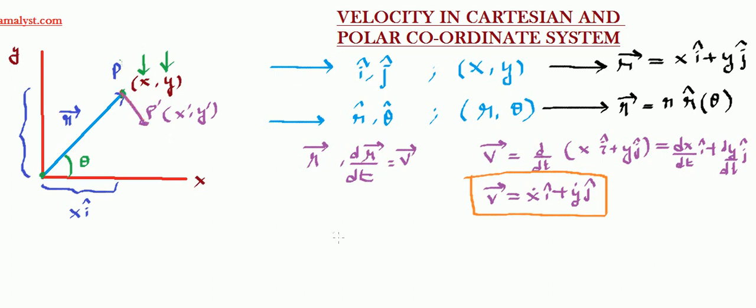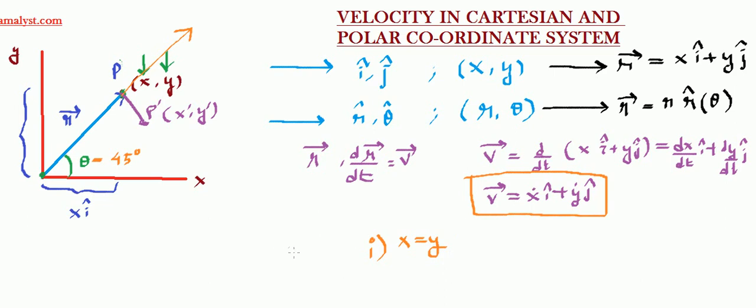So let's look at some special cases. Case number 1. If the particle moves, say, in this direction, look at the diagram. If it moves in the r cap direction, and theta is 45 degrees, then for this motion, x is exactly equal to y.